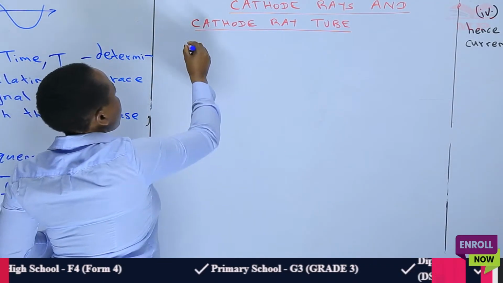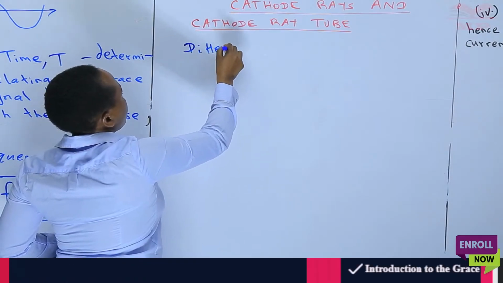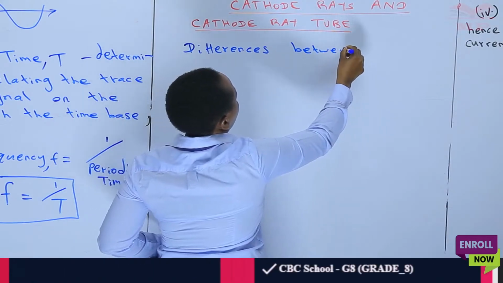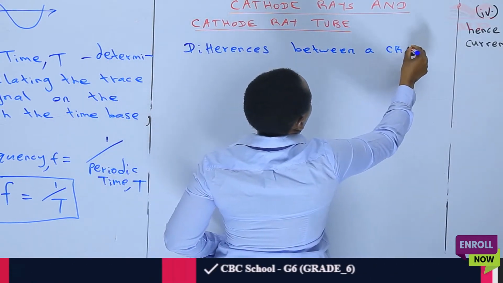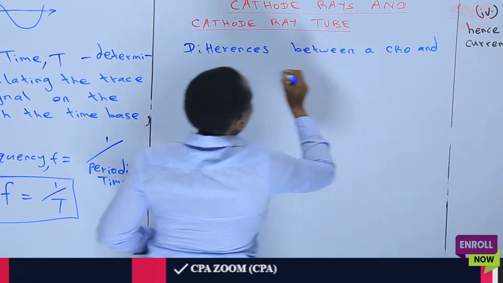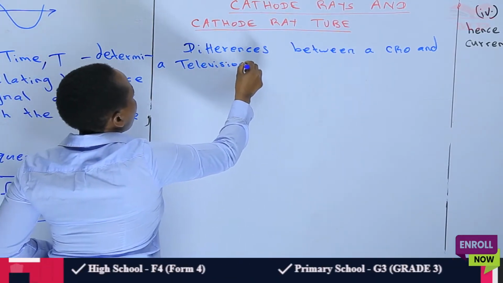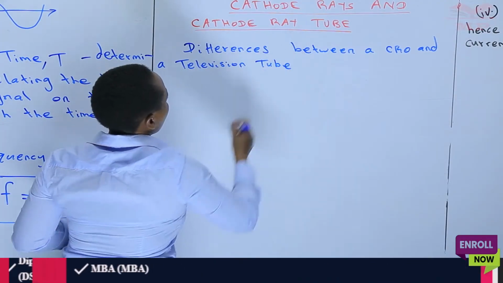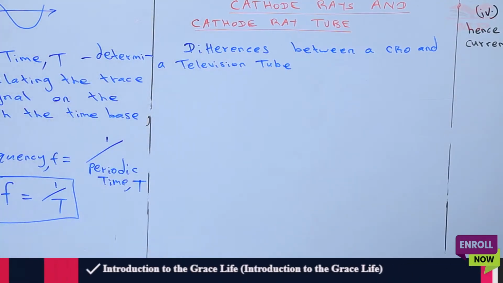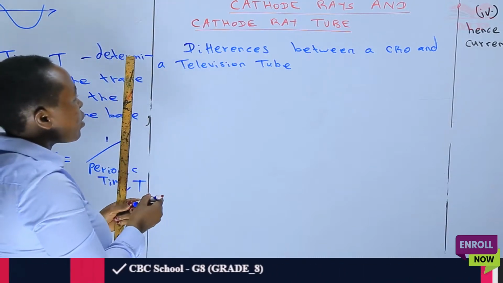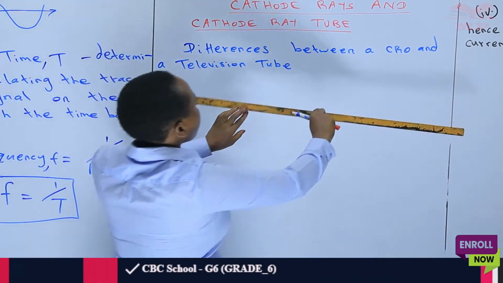So, differences between a CRO and a television tube. What are the differences between the two? Differences between a cathode ray oscilloscope and a TV tube.